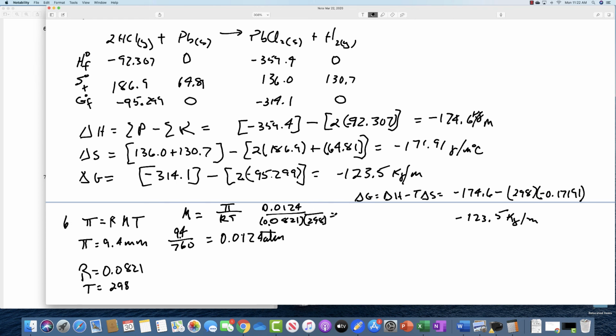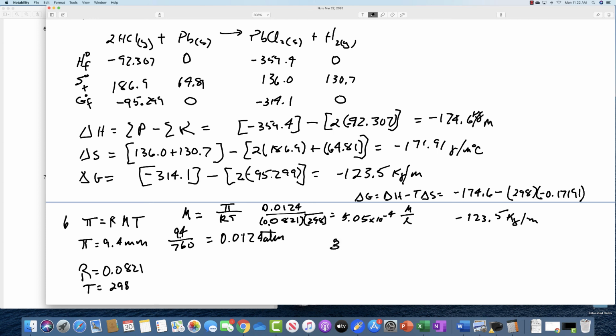So the molarity of this has to be 5.05 times 10 to the minus 4. So that's the molarity. Now that's moles per liter, and we know that we have 30 grams in a liter.